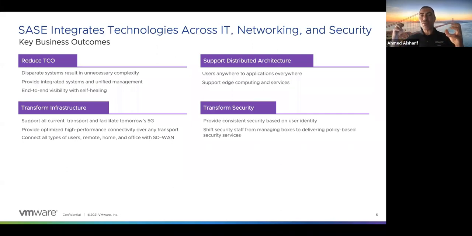If you talk to Zscaler or Netskope or somebody who doesn't have SD-WAN, then there will be no transformation for the network, because Zscaler, Netskope, or the SSE providers will simply ask the customer to connect to them using IPsec tunnels to the cloud. So IPsec tunnels are legacy. It's not transforming, and it's not capable of doing any kind of SD-WAN optimization. So when you consider SASE, make sure that the infrastructure piece is a pillar of that solution. You need an SD-WAN to transform that infrastructure.